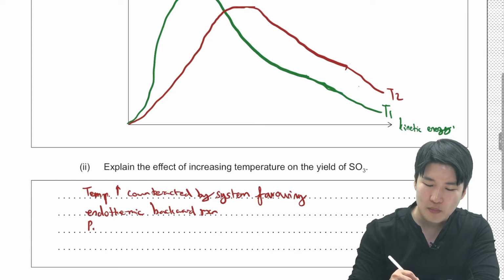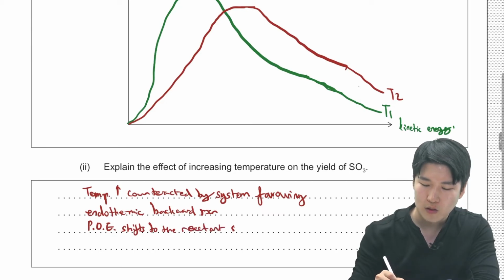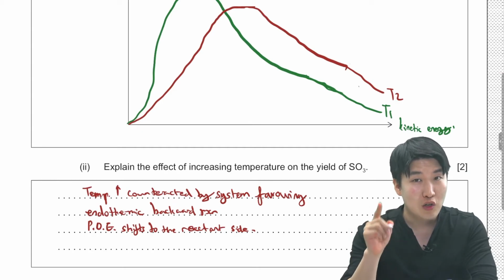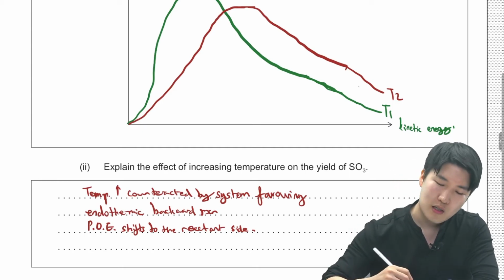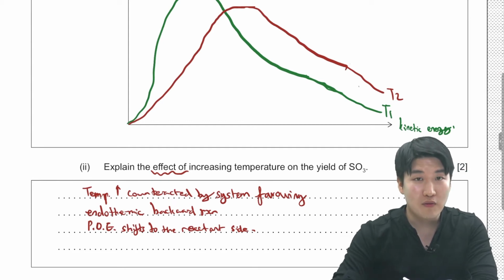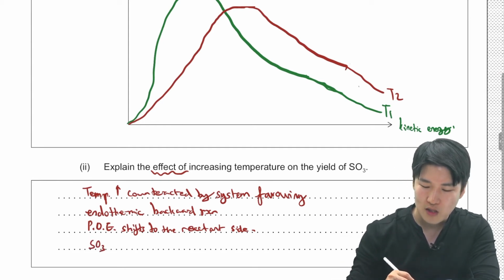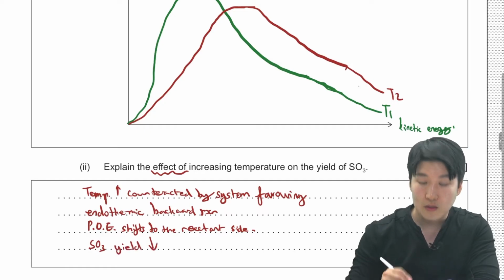As a result, the position of equilibrium shifts to the reactant side. If you don't write what I'm about to say now, you're only going to get 1 mark, because after all, we have to state the effect that the SO3 percentage yield decreases.